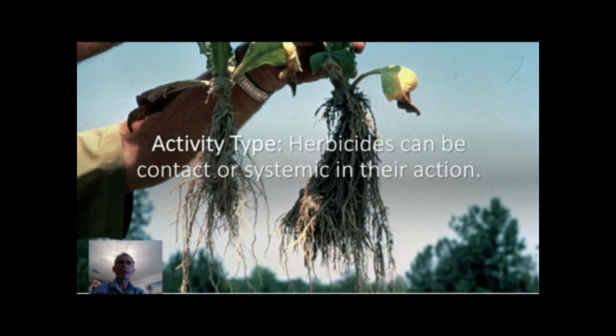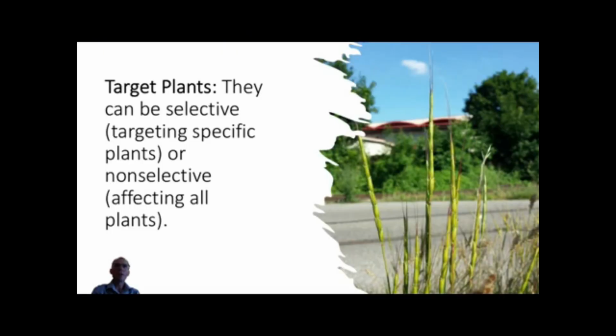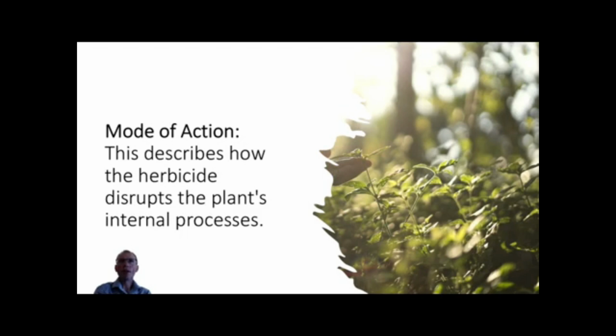When it comes to activity type, herbicides can be contact or systemic in their action. Looking at target plants, they can be selective, targeting specific plants, or non-selective, affecting all plants. When we look at mode of action, this describes how the herbicide disrupts the plant's internal processes.